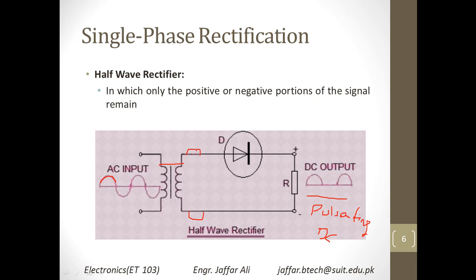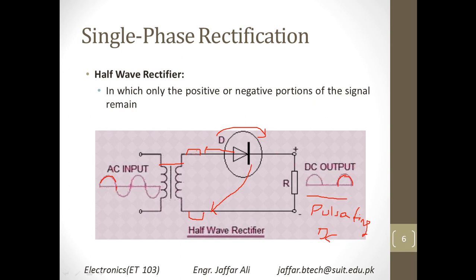So the diode becomes forward bias, meaning the P type is connected with the positive and the N type is connected with the negative. The circuit is forward biased, this half wave is carried forward, and you get it on the output.